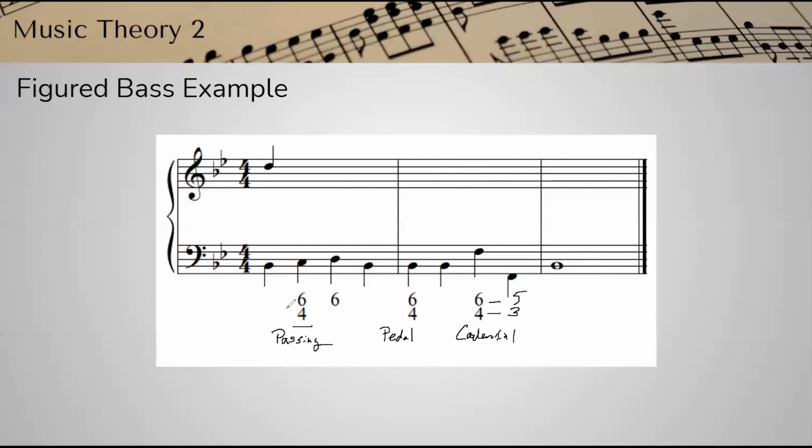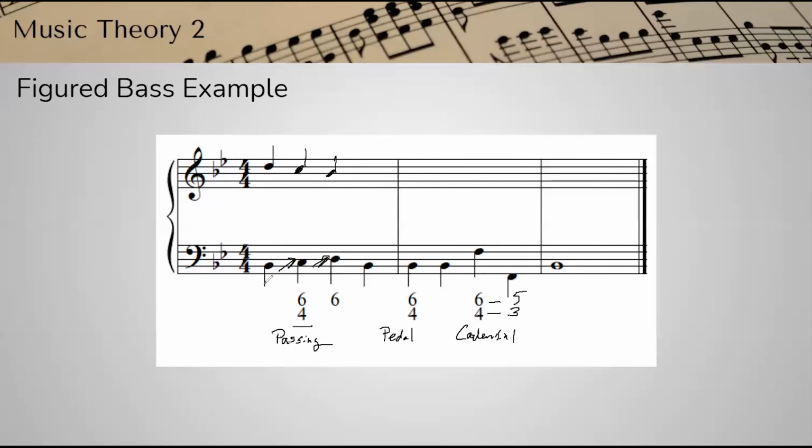This is a passing 6/4, and I see that it goes from a B flat to a D. Well, like I said, a passing chord gives us an opportunity to create counterpoint, stepwise contrary motion, possibly between the soprano and the bass. So maybe my soprano line could go D down to C and then end up on a B flat. And do those intervals work?